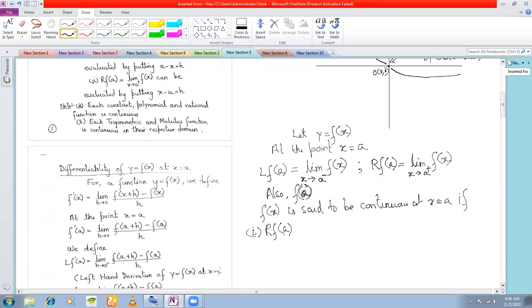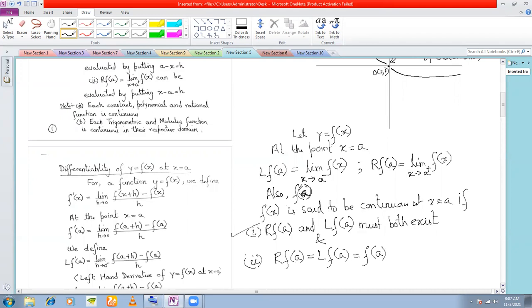Exist means it must be defined and it must be finite. The left-hand limit must exist at that point. And not only that, but they have to be equal. The right-hand limit at the point x = a must be equal to the left-hand limit at the point x = a, which must be equal to f(a).